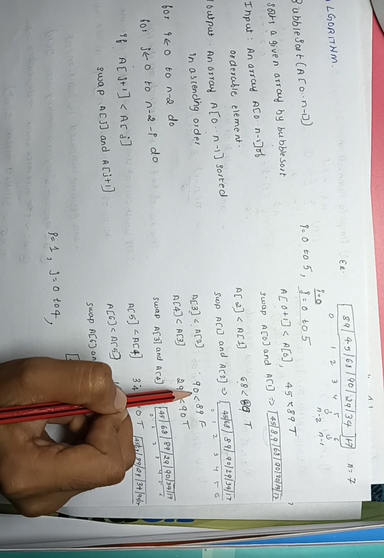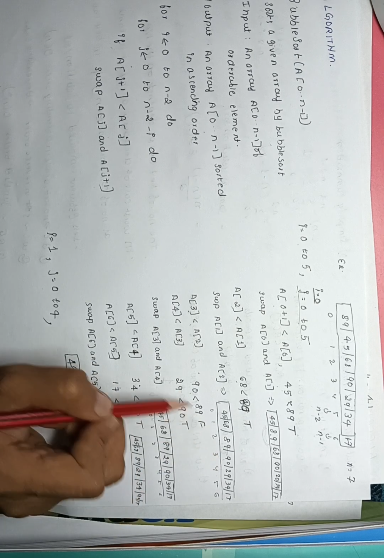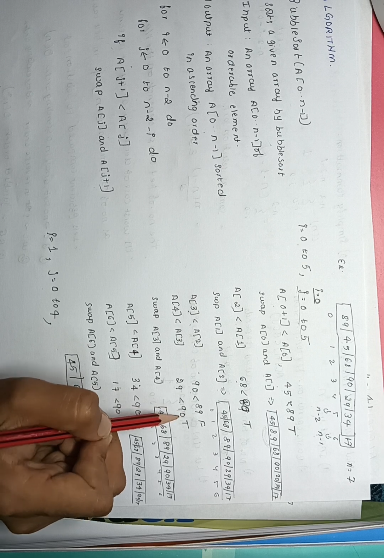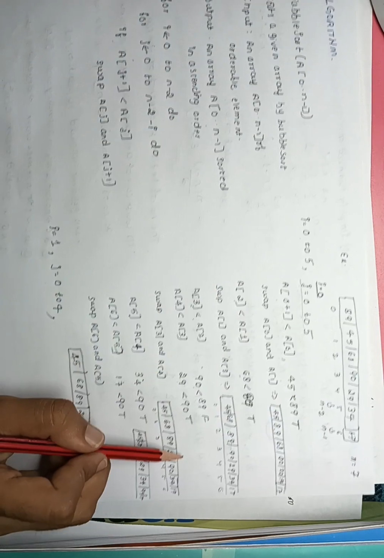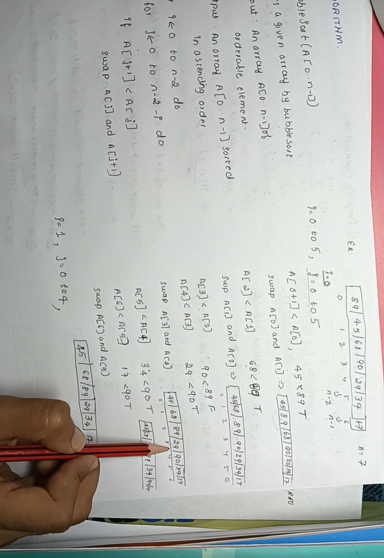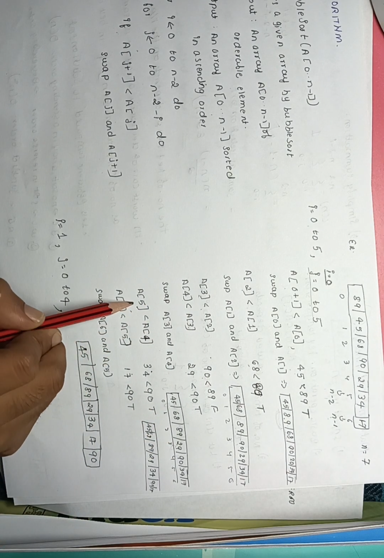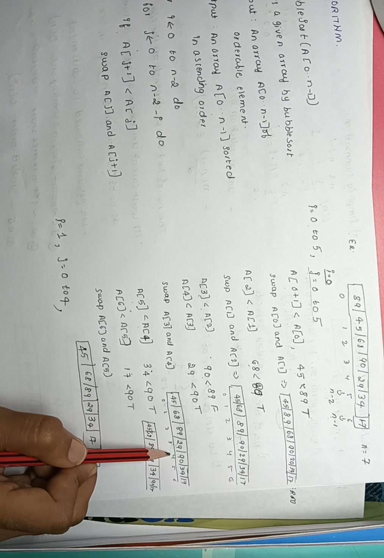Again increment j, A[4], whether it is less than A[3], whether 29 is less than 90, true, then swap A[3] and A[4], that is 29 and 90 got swapped. Again increment j, that is A[5] less than A[4], that is 34 less than 90, true.